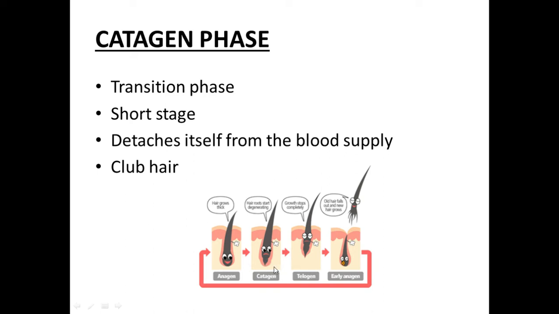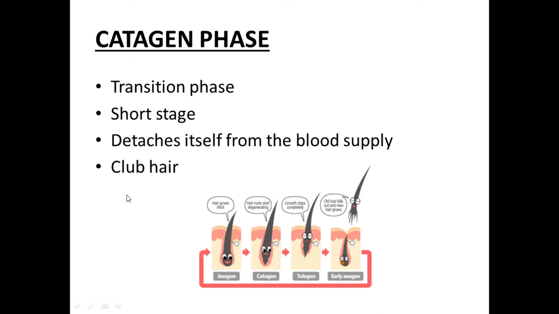Now when there is no blood supply, there are no nutrients or other things required for hair growth, hence it doesn't grow in this phase. The hair present in the catagen phase is also known as club hair. So if the question is asked in which stage club hair is found, the answer will be catagen phase of the hair.